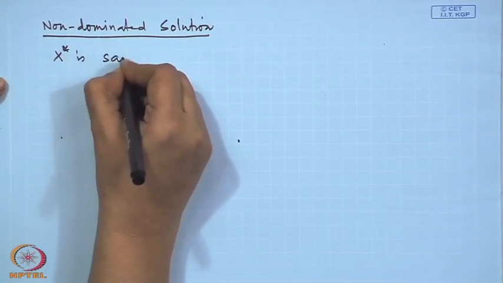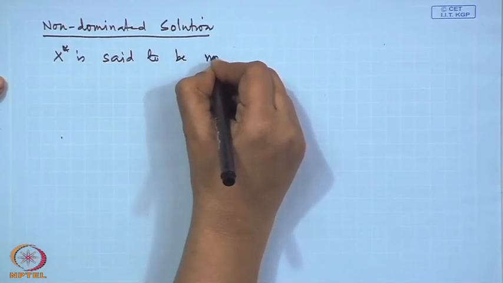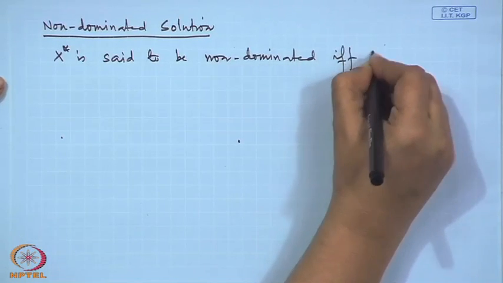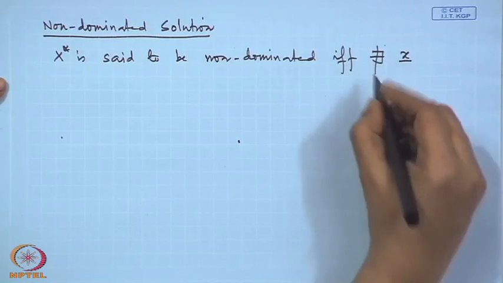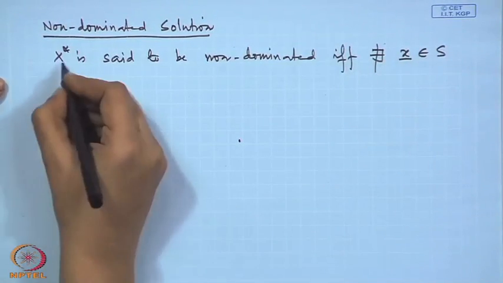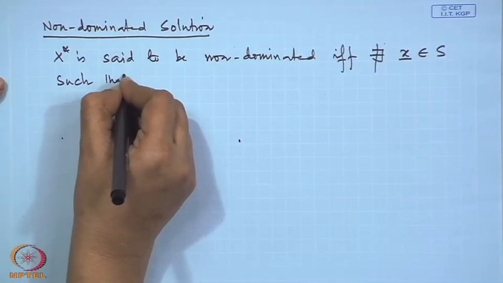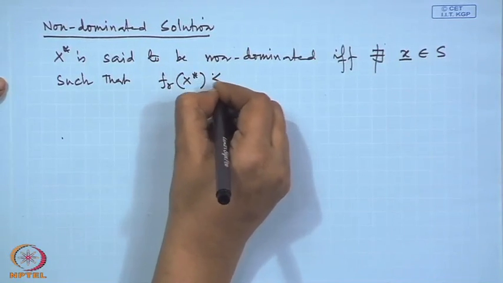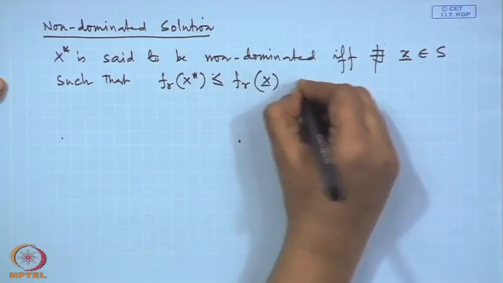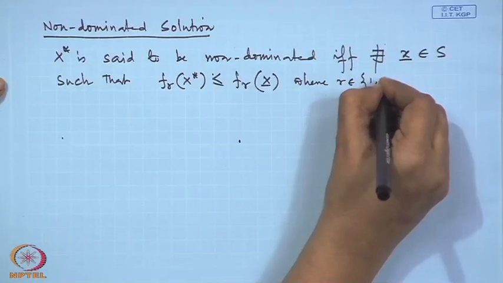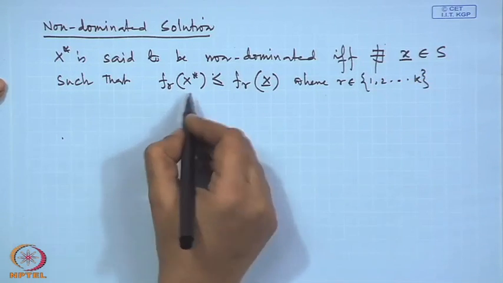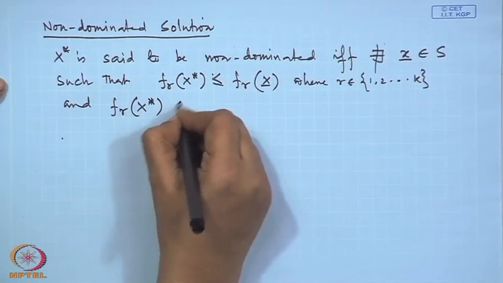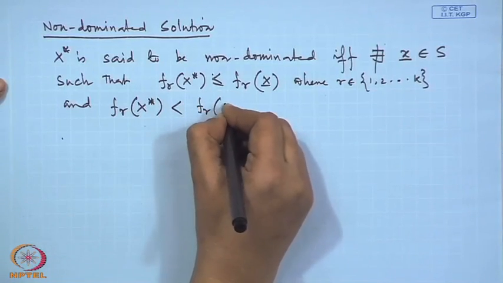X star is said to be a non-dominated solution if there does not exist any other x within the feasible space, say S, such that f_r(x) is greater than or equal to f_r(x star), where r is any value between 1 to k, because we are having k number of objectives, and at the same time this inequality holds strictly for at least one r.